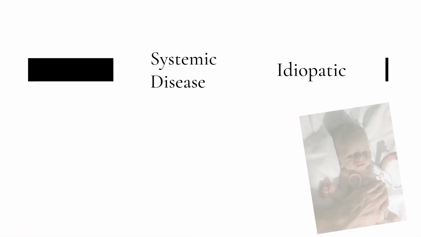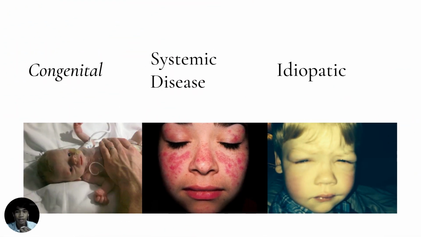Nephrotic syndrome occurs in 3 forms. First is the congenital, an autosomal recessive disorder, as you can see in the picture. Next is the secondary, as a progression of glomerulonephritis or in connection with systemic diseases, such as sickle cell anemia or systemic lupus erythematosus or SLE.